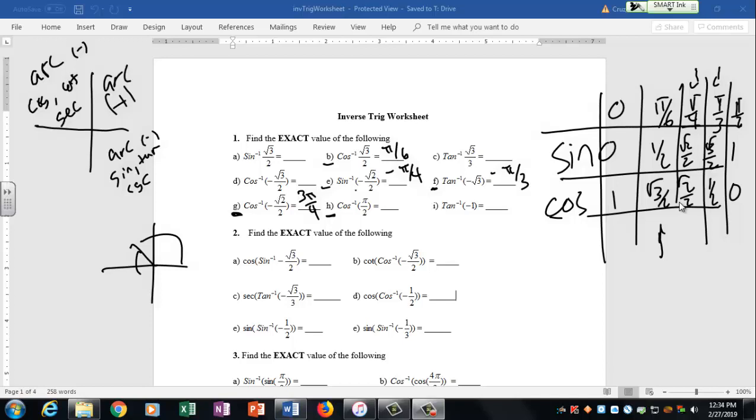Because pi over 2 looks like it should be less than 1, because it's pi divided by 2. But remember that pi is 3.14. So pi divided by 2 is 3.14 divided by 2, which is like 1.57. Does that make sense? 1.57 is outside of the domain for arc cosine. So that one does not exist. Okay.